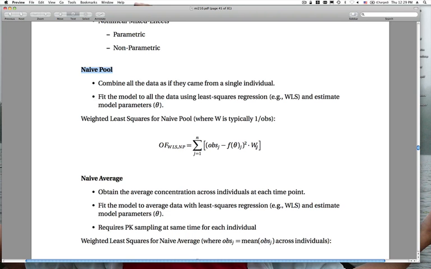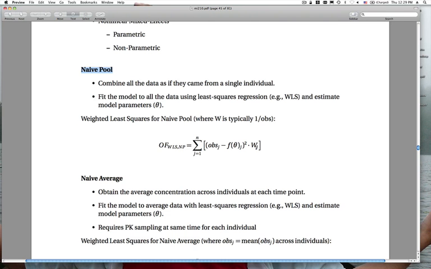It's not always the most accurate method, but it can be useful in some cases to provide initial estimates for a more complex analysis. Naive pooled analyses, if the sampling is balanced across all individuals, can give you estimates of the population mean parameters that are quite consistent with a more rigorous population nonlinear mixed effects analysis.